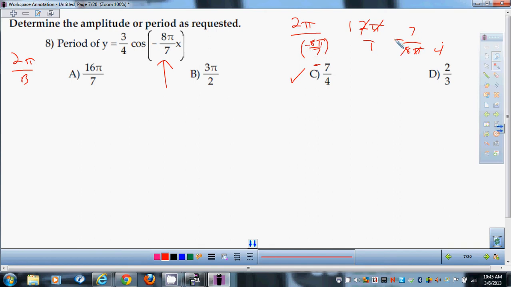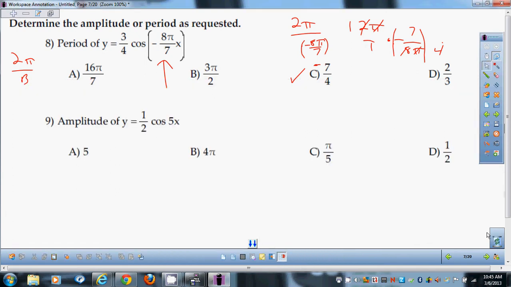The second part is find the amplitude. Sam, what's the amplitude? Very good. What about now? It's still 1/2. Very good.